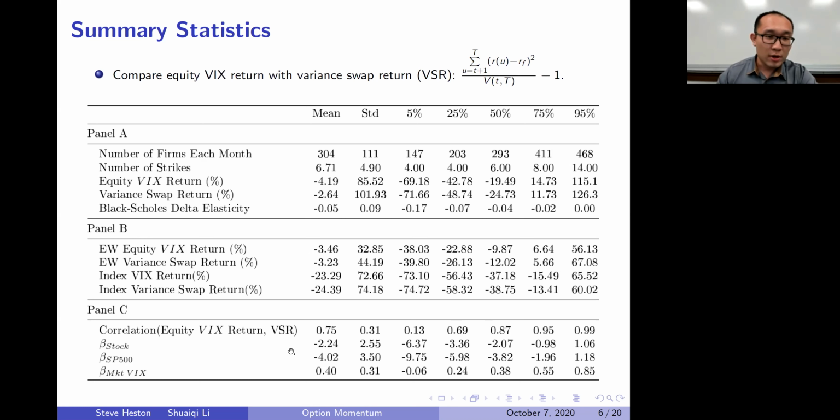And also, the exposure of equity VIX return to index VIX return is positive, 0.4. So the equity VIX return has a positive exposure to the market variance risk. Overall, the evidence suggests that the equity VIX return is a close measure of the variance risk premium in option markets. Okay.